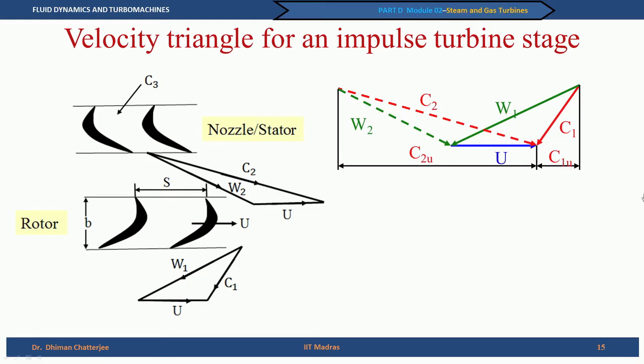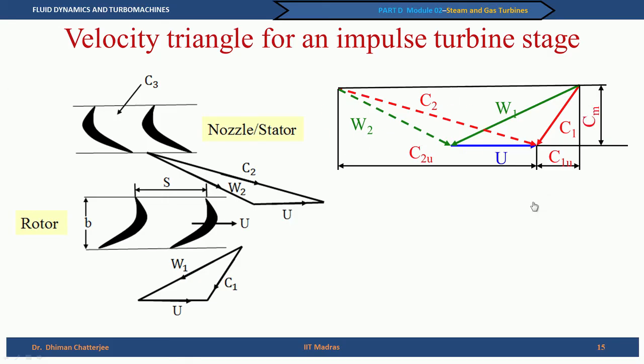In case they are on the same side, it is going to be C2u minus C1u. In this case, it will be C2u minus of minus C1u, because C1u is on the opposite side. This has to be borne in mind when we follow this discussion today.